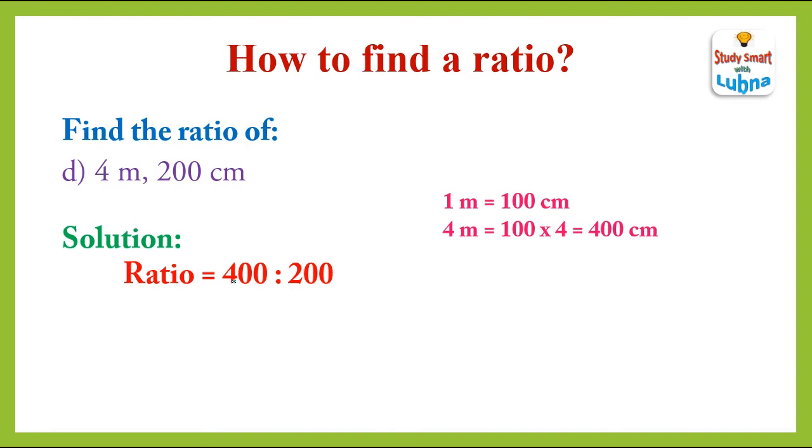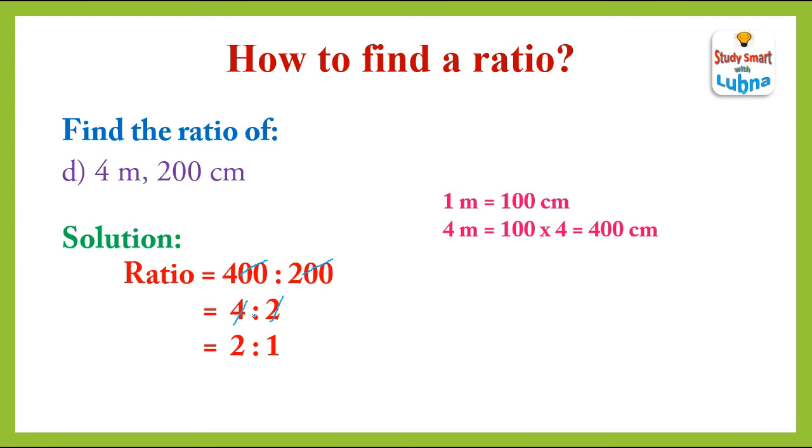So the ratio is 400 is to 200. Now we'll cancel the 0 of 400 with the 0 of 200. What is left? 4 is to 2. We can reduce it further by dividing by 2. 2 2s are 4 and 2 1s are 2. So the ratio of 4 meter and 200 centimeter is 2 is to 1.